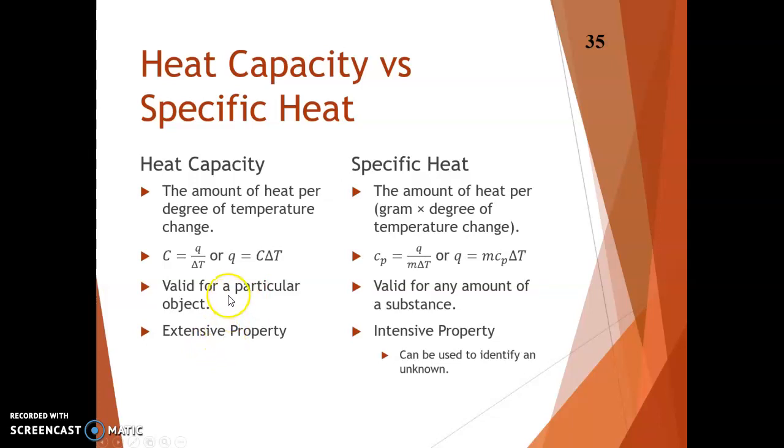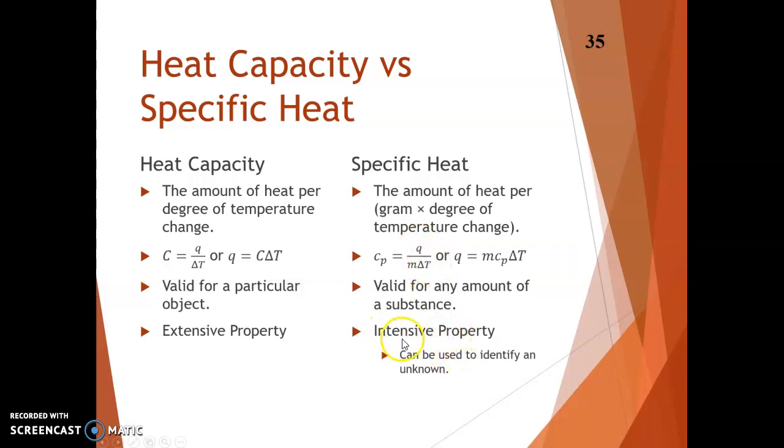That means that the more of the object you have, the greater the heat capacity of the object is going to be. However, since specific heat takes into account the mass, which is the amount of the substance present, it is actually an intensive property. It's kind of like a rate at which heat is added to cause a temperature change.